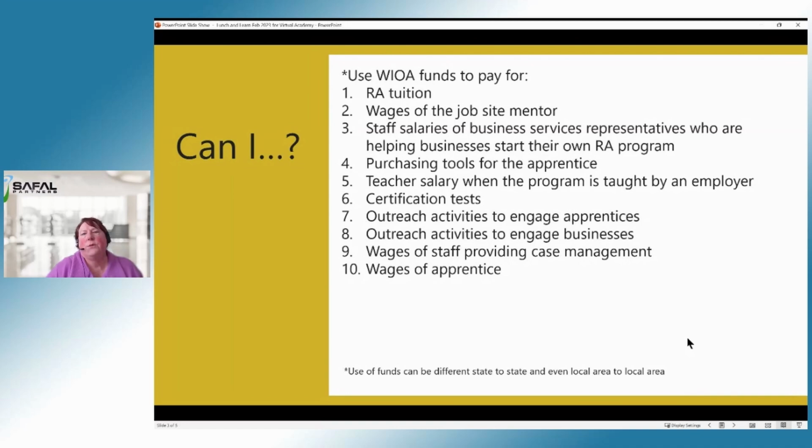So, how do you pay for the wages of a job site mentor? Well, first of all, that's going to fall under the OJT, on-the-job training category for the apprenticeship. So you would include that in an OJT contract, saying this is how much we will pay of the job site mentor wages.